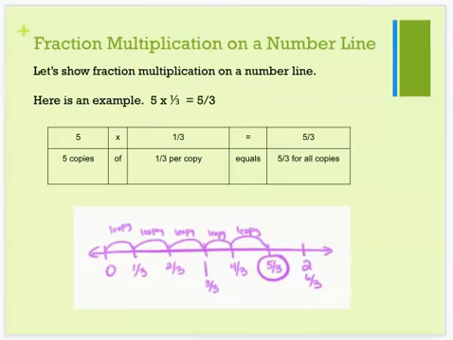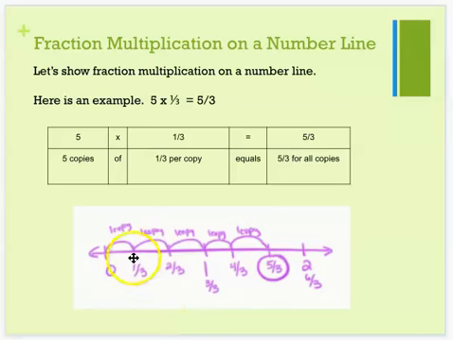Let's look at this on a number line. This is something new for you, I'm guessing. So if we want to show 5 times 1/3 equals 5/3, we could do 5 copies of 1/3 in each copy. So we would get a total of 5/3. So the first thing I did was I drew a number line and I marked a 0 and 1 and 2.